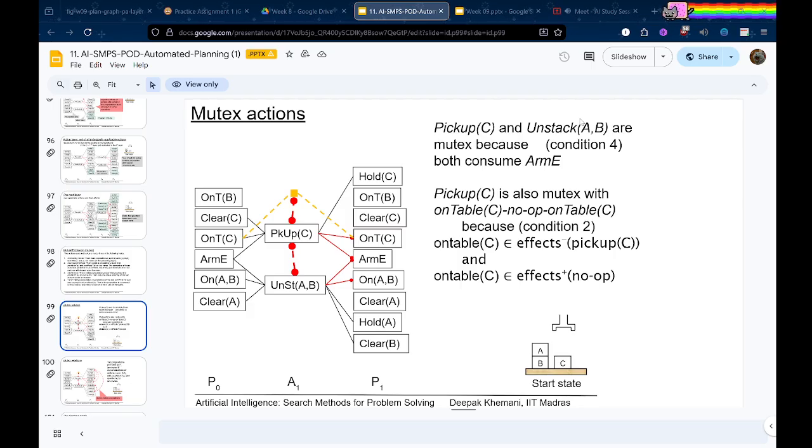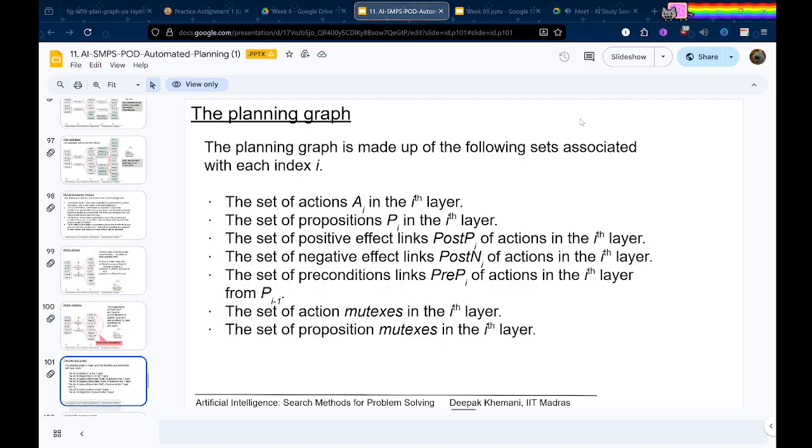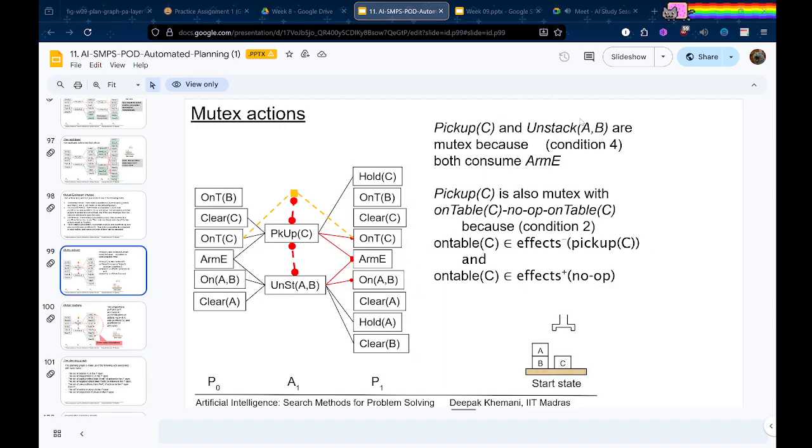So for an applicable action, firstly, the preconditions should be in the current state, and there should be no pair of preconditions that is mutex.